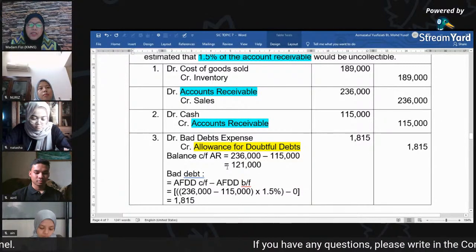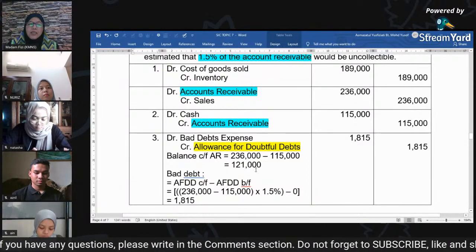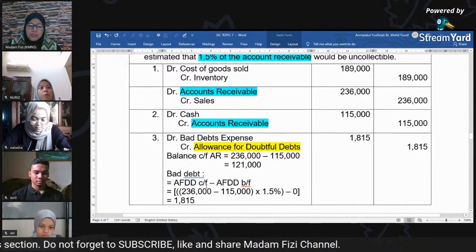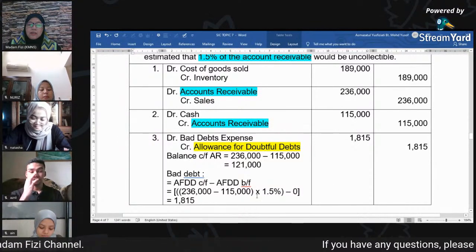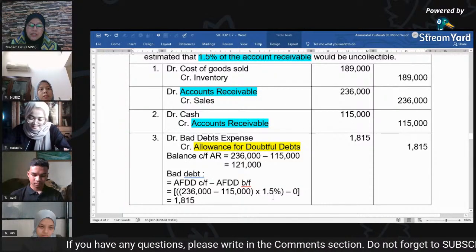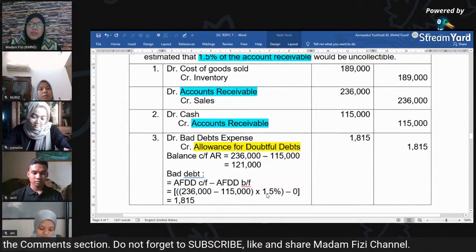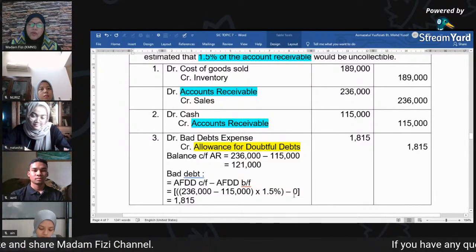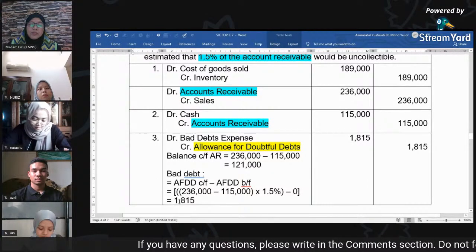Once you get that, then you can calculate the AFDD balance carry forward by multiplying the balance carry forward of accounts receivable by the percentage. Because this question didn't have the AFDD brought forward, you get the answer 1,815.